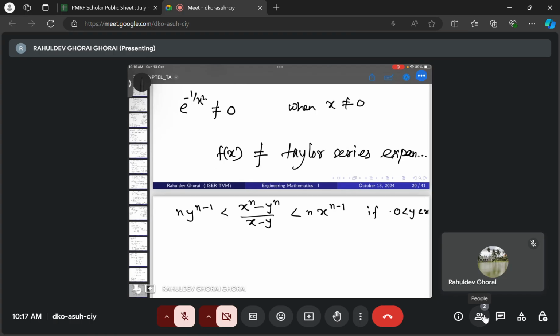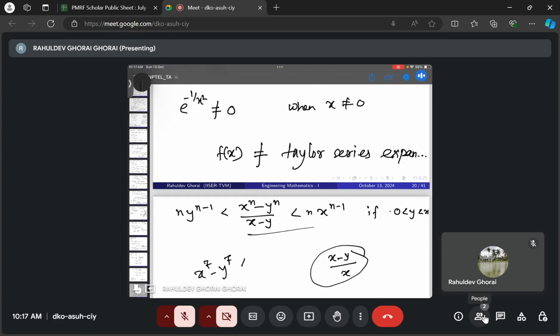Sometimes I want to find some inequality, to bound something by maybe x minus y. You want to bound x to the power n minus y to the power n. So at those times you may need this inequality. Okay. You have x to the power 7 minus y to the power 7.